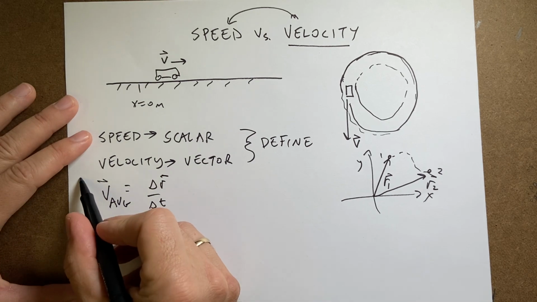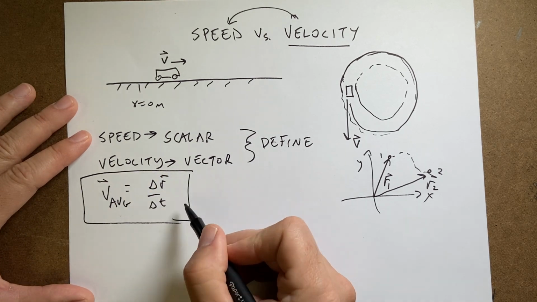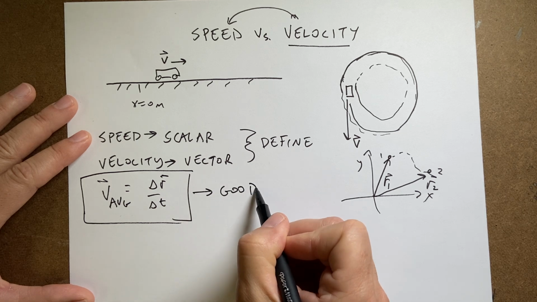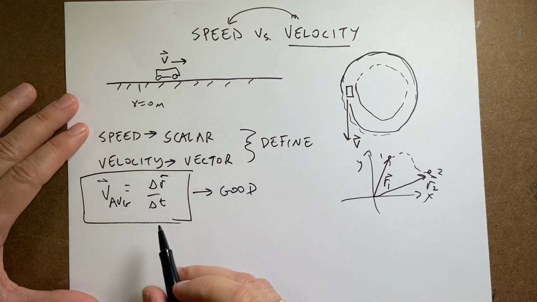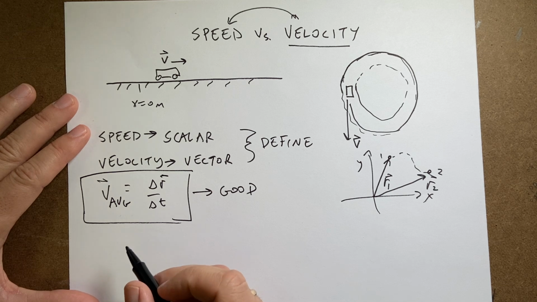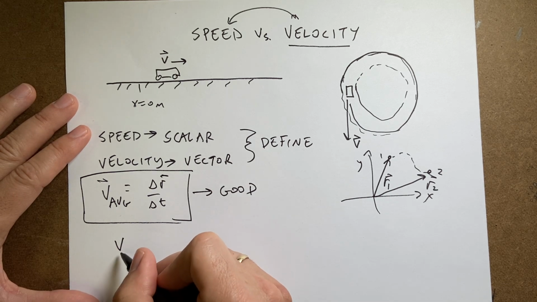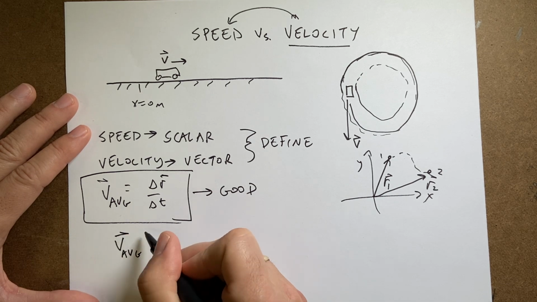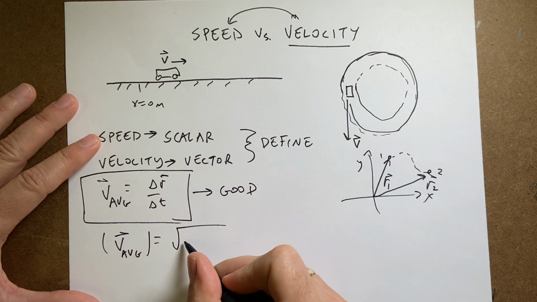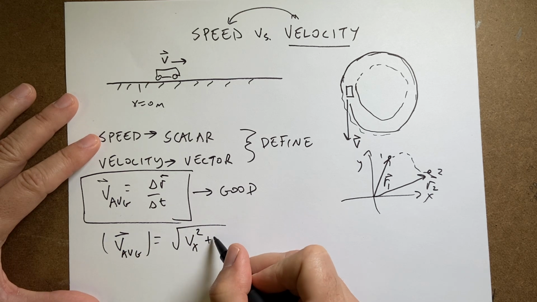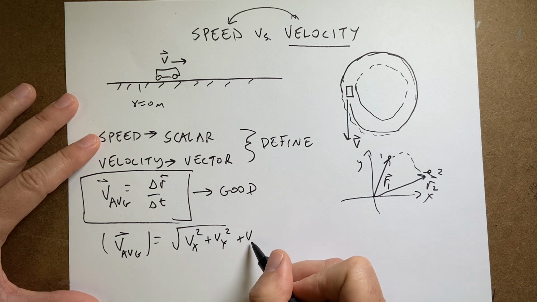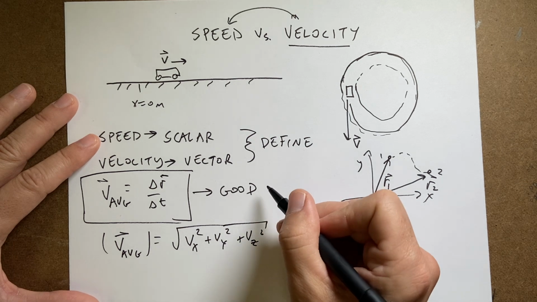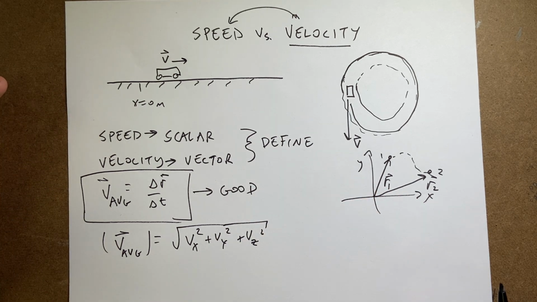That is very good. Now, it's a vector, so I could also calculate the magnitude of that velocity vector. V average magnitude would be the square root of Vx squared plus Vy squared plus Vz squared. That's fine too.